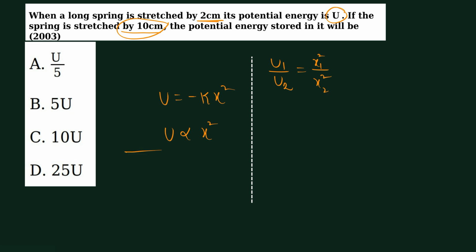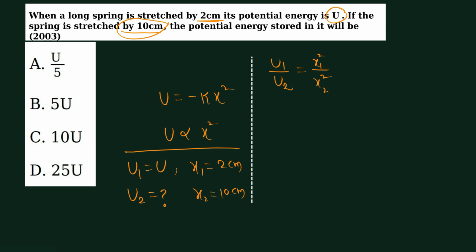Use this formula. What is u1? u1 is equal to U. When x1 equals 2 centimeter, the potential energy stored is U. When x2 increases to 10 centimeter, the potential energy stored is how much?